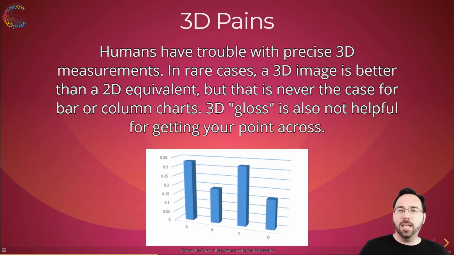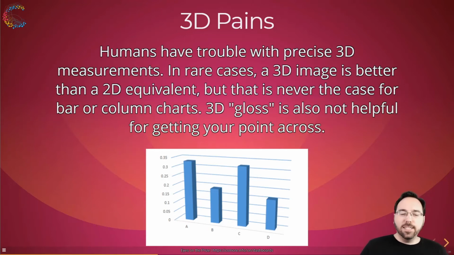Also, humans have a lot of trouble with precision in 3D. Especially when you're trying to do a 3D projection in a 2D space. So in some rare cases, 3D images are better. There are places in physics, in geology, certain sciences, where having that third dimension really helps explain things, like in topographical maps.